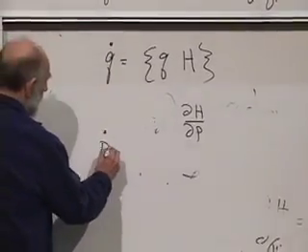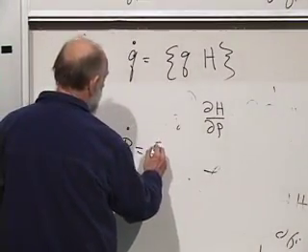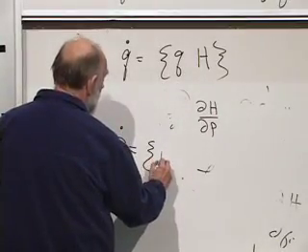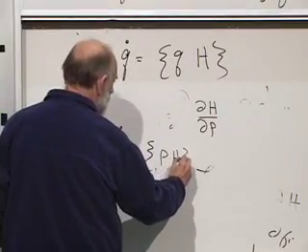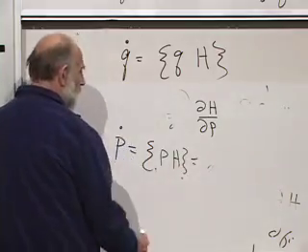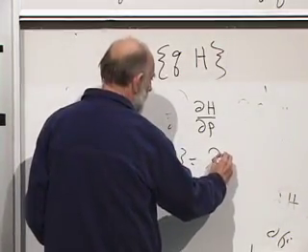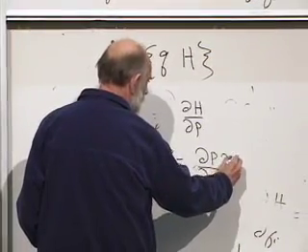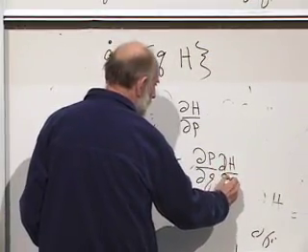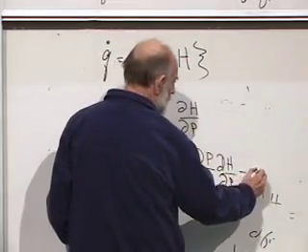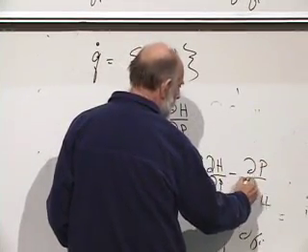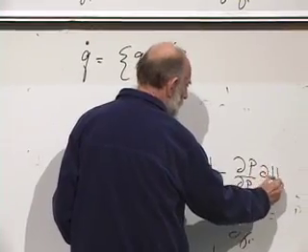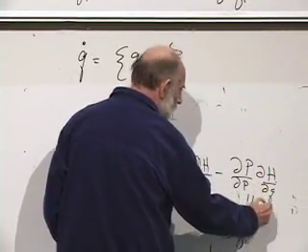Now, that's Hamilton's equations. What about P dot? P dot is the Poisson bracket of P with H. That's dP by dQ, dH by dP, minus dP by dP, dH by dQ.